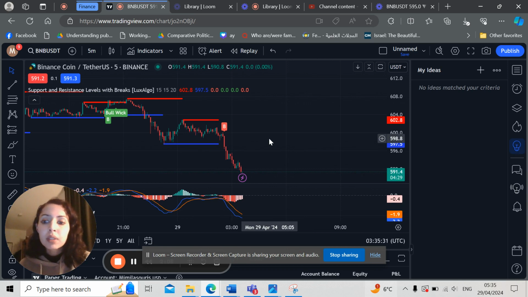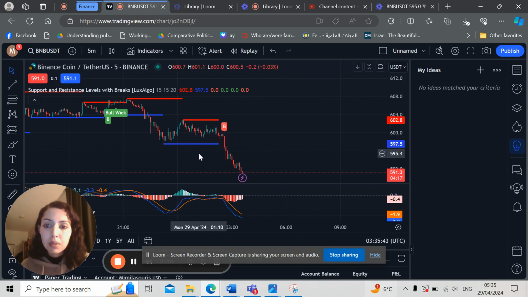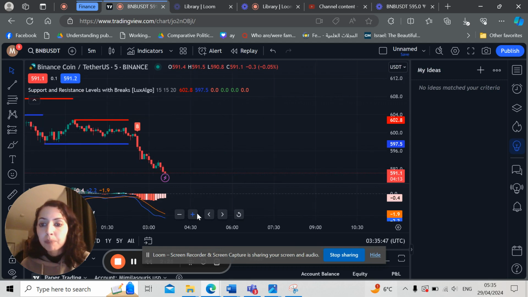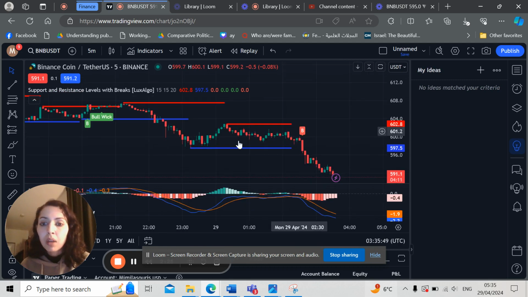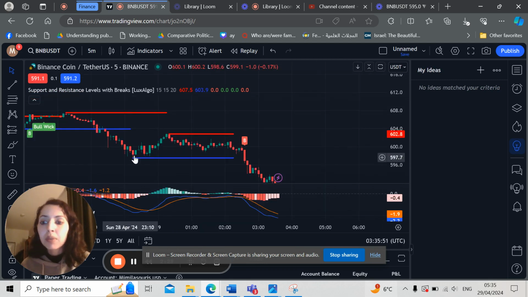Something else I want to take into consideration prior to placing an entry is obviously my risk, where I'm going to place my stop loss. But in order to determine these things, I need to look at where my support and resistance are in terms of price movement. And in order to figure that out, I need to look at the candlestick pattern more closely.